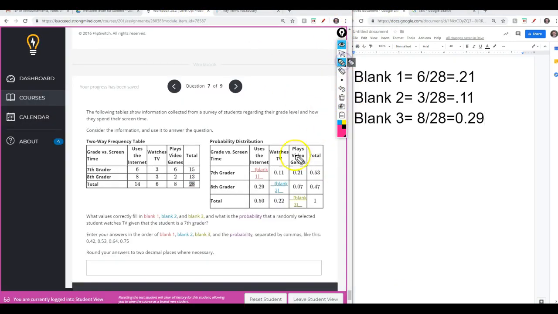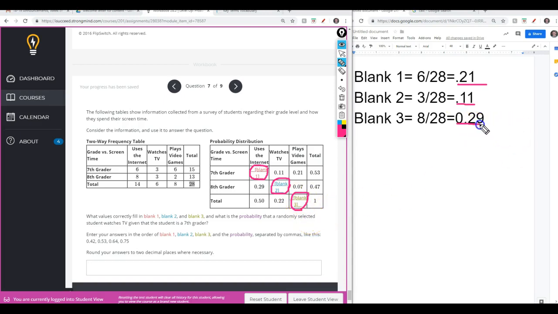So let's interpret this. What does that mean? That means that there was a 21% chance that it was a 7th grader that uses the internet right there. It means that there was an 11% chance that they were an 8th grader that watches TV. And then it tells us that out of the total, it was a 29% that the student played games.